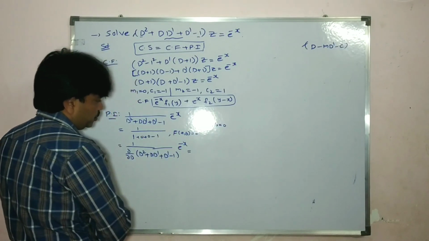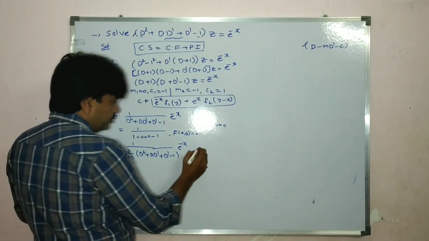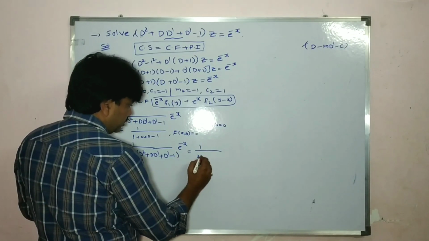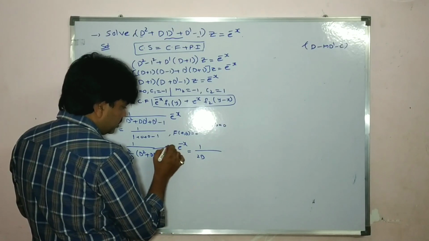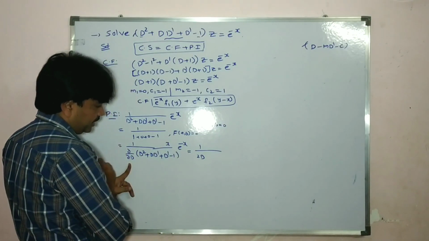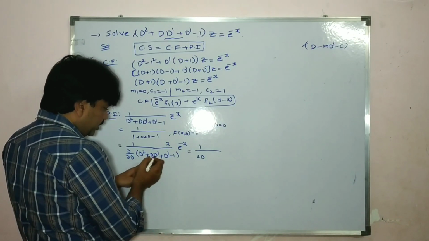See students, 1 by derivative of d square, we get here 2d. I forgot here students, after derivative you multiply with x, okay, 2d.